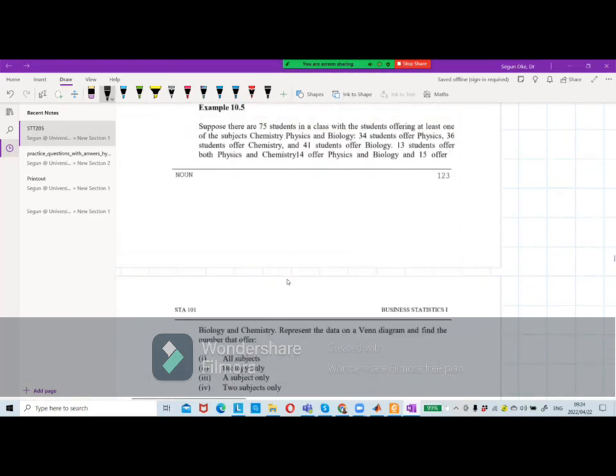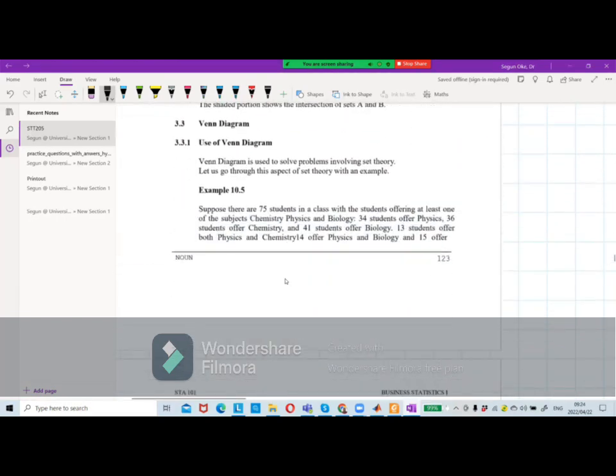Let's look at this question, the Venn diagram. It says, suppose there are 75 students in a class, with each student offering at least one of the subjects: chemistry, physics, and biology. 34 students offer physics. 36 students offer chemistry only.